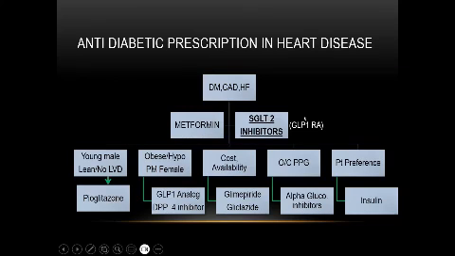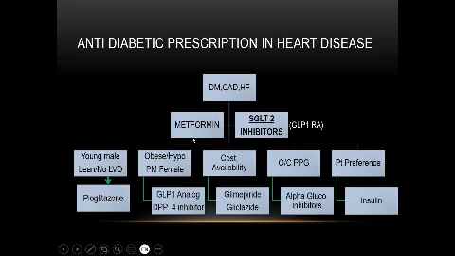Of course, GLP-1 receptor analogs also come into play if your concern is to prevent stroke rather than heart failure. So these three drugs, especially metformin and SGLT2 inhibitor, are a favorite combination. But many times metformin and SGLT2 inhibitor may not control your sugars to the effective level. So always you have to add a third drug.